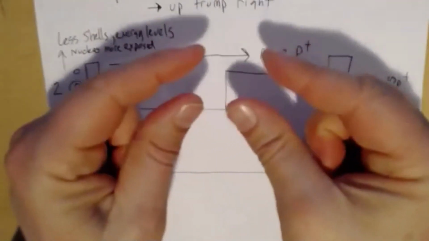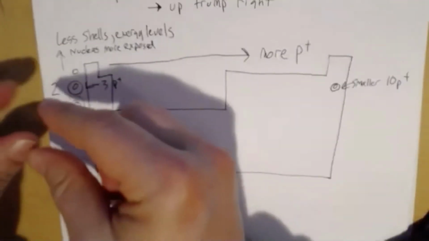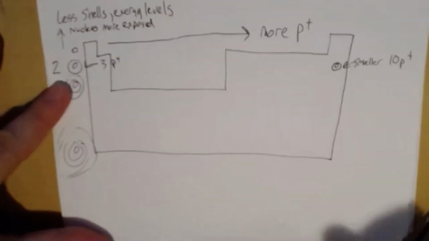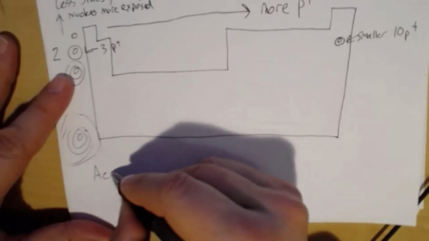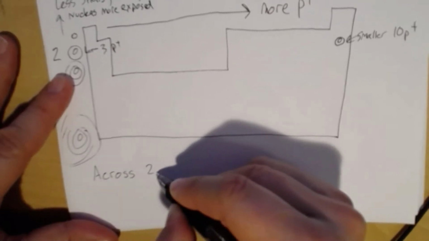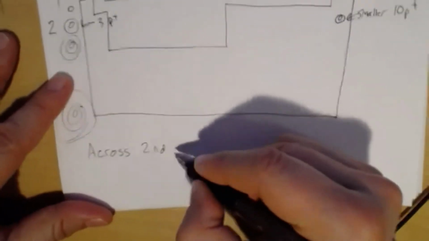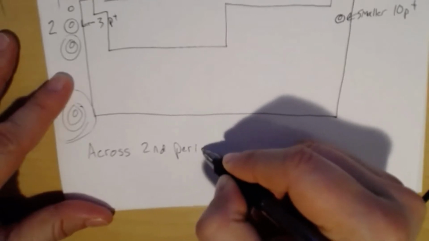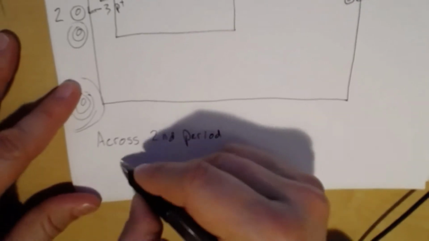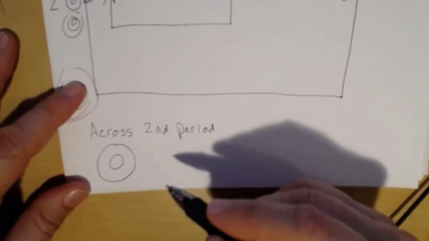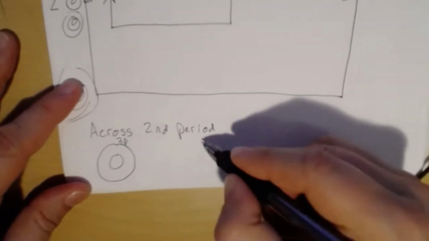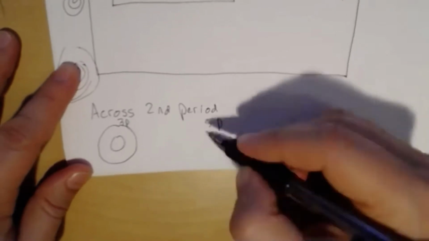How do I show that? Here, like that. Okay, so big. Let's show that down here, going across the second period. I'd have a really big 2, right? And then as I have 3 protons, as I have 5 protons, maybe it gets a little smaller.